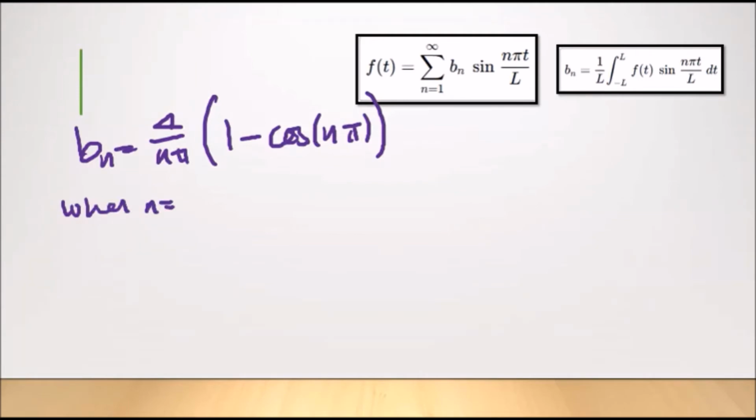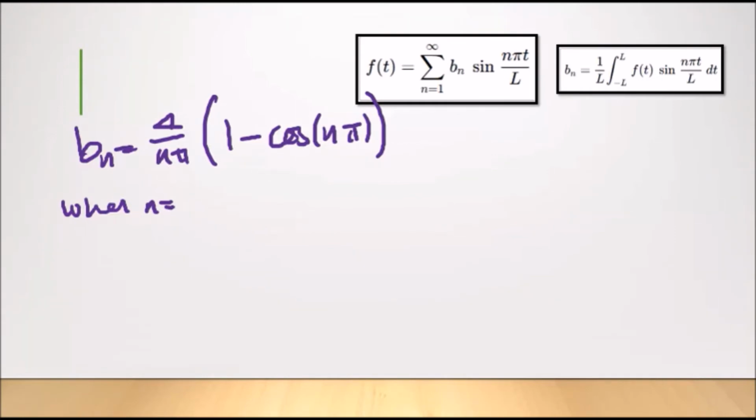So n can't be 0, firstly. Let's say when n is 1, what do we have? We have cos pi. Just to double check, cos pi will give you negative 1. Cos 3 pi will give you negative 1. So for any odd n, we can say when n is odd, which is even better.